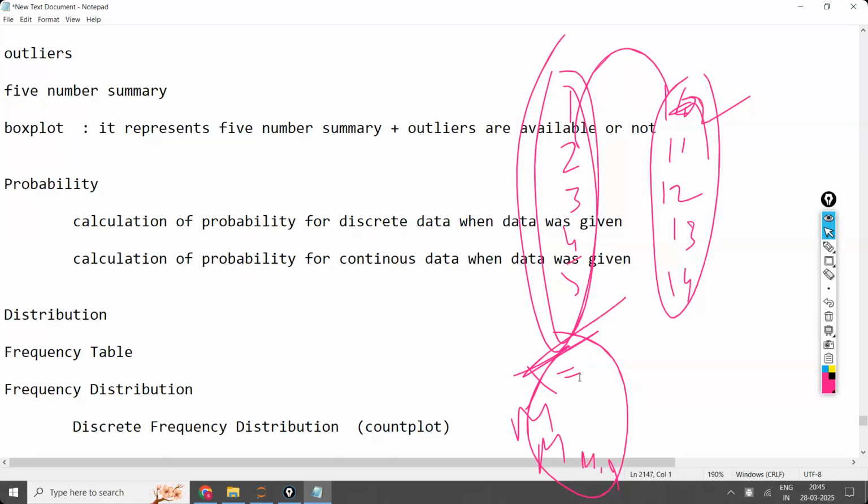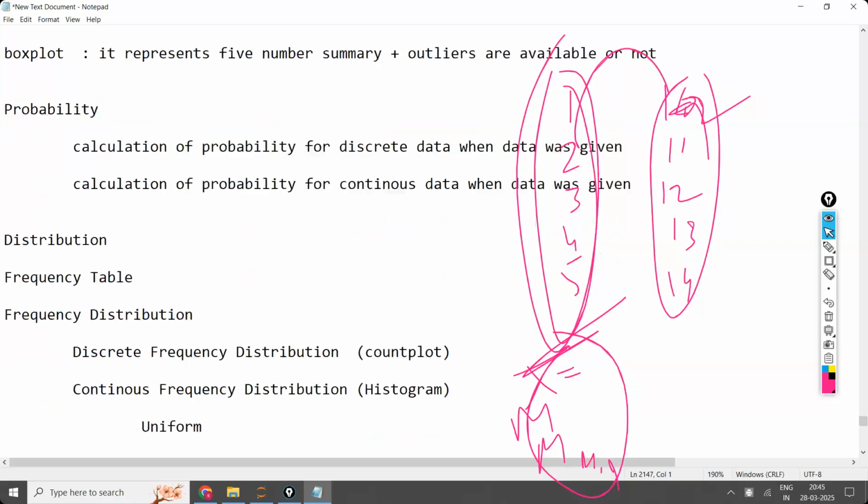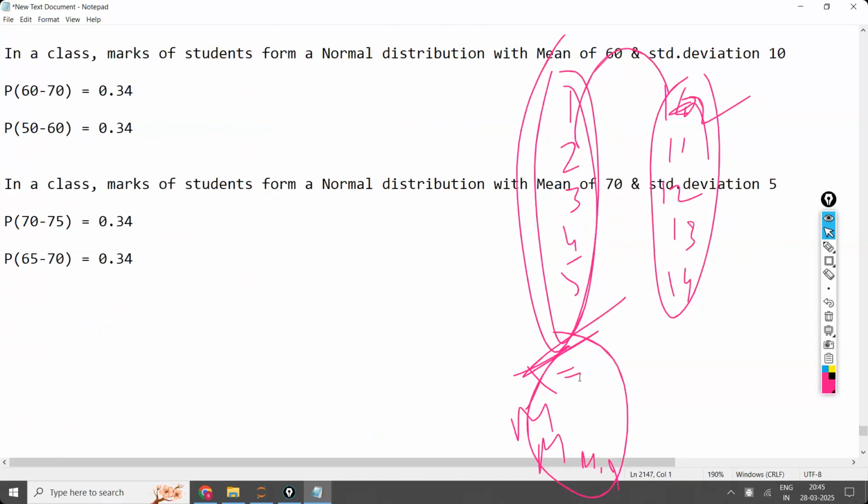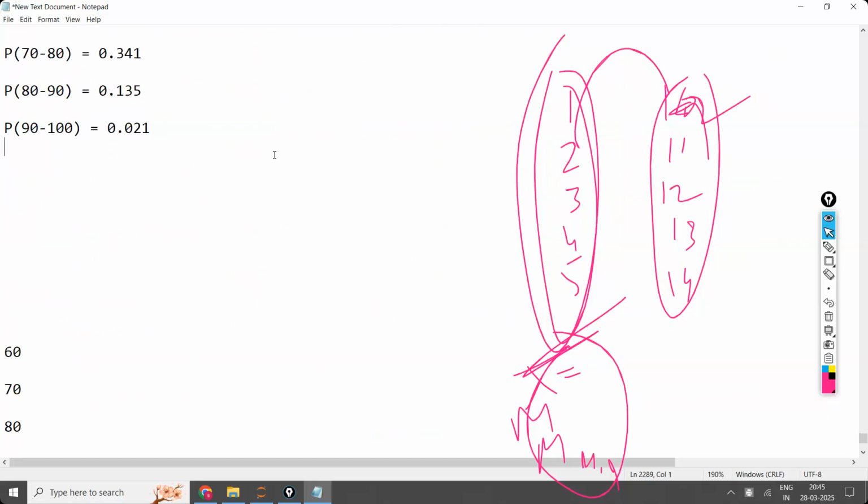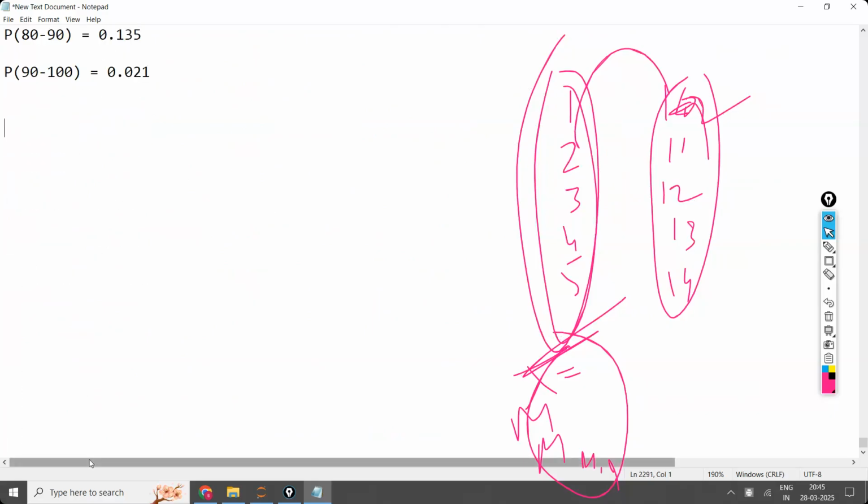Till now, whatever we have done, everything is on a single column. We have not included two columns at a time. So all the measures calculated till now are called univariate measures.